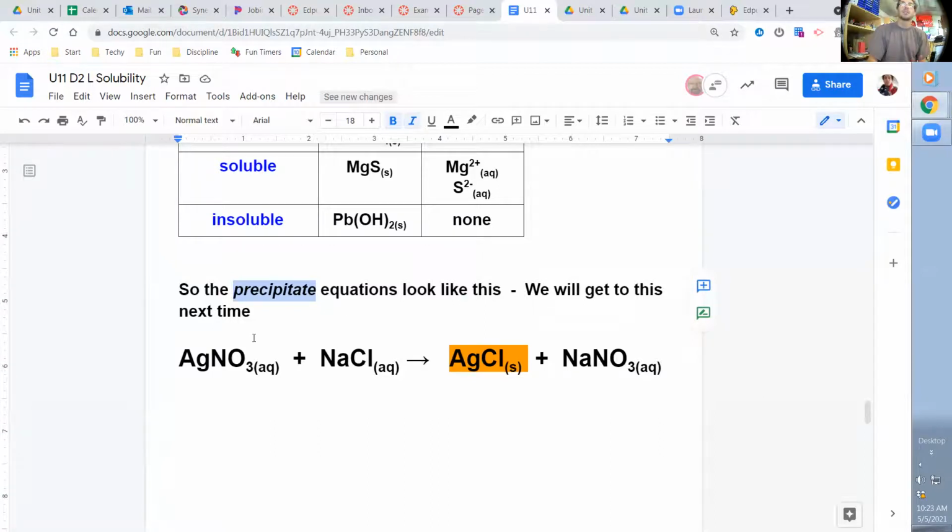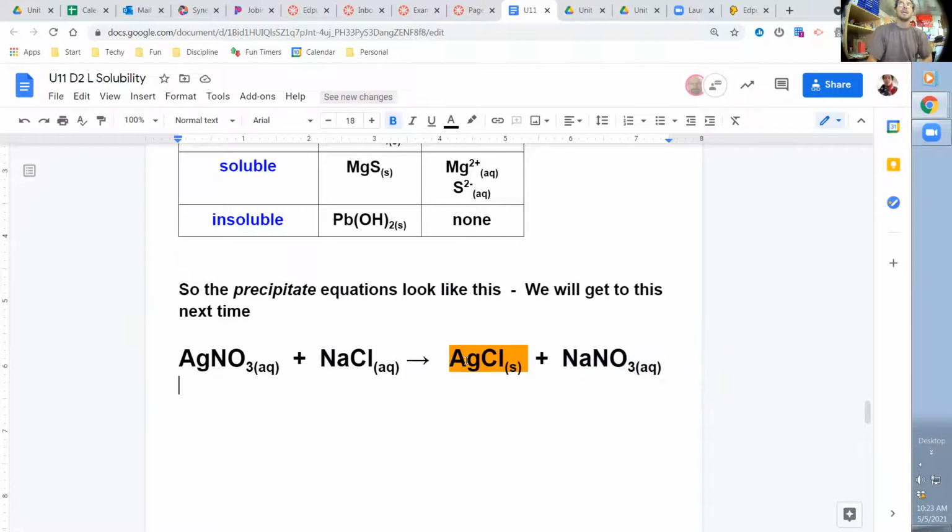So what it looks like is if we take silver nitrate and react it with sodium chloride, this is a double replacement reaction, so the silver will bond with the chloride and the sodium will bond with the nitrate. So here's the silver chloride over here as a product and the sodium nitrate.